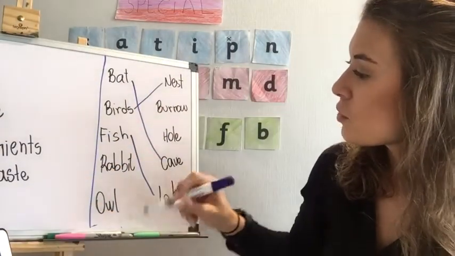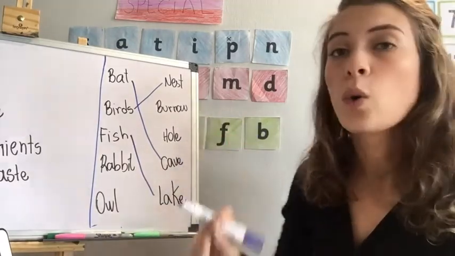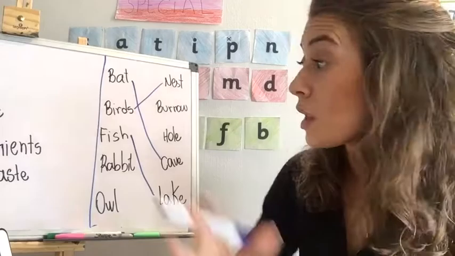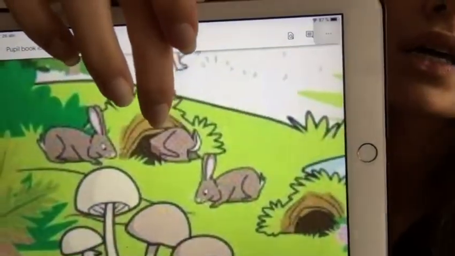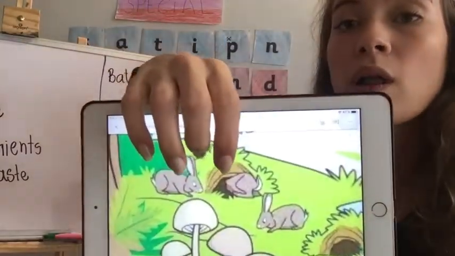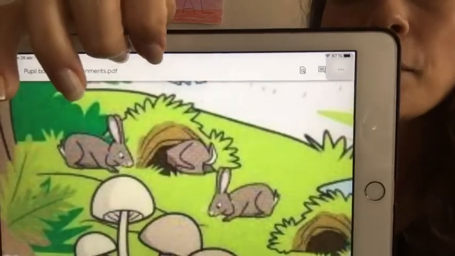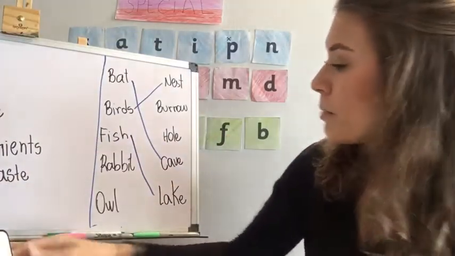Do you think the rabbits live in a burrow or in a hole? Well, to be honest, this hole here, it's a hole, but we call it a burrow. Okay, then the rabbits live in a burrow.